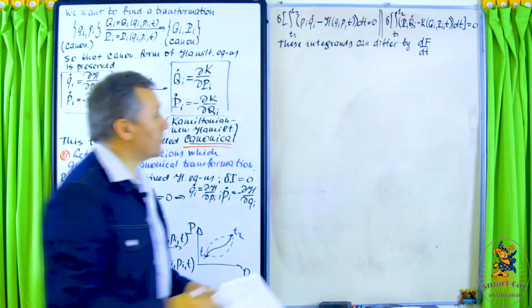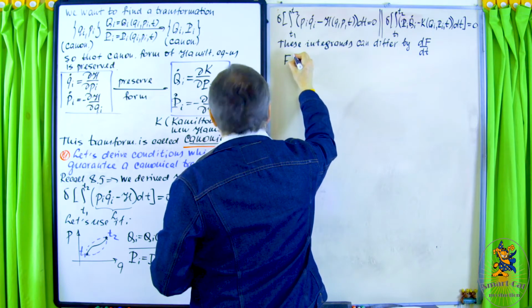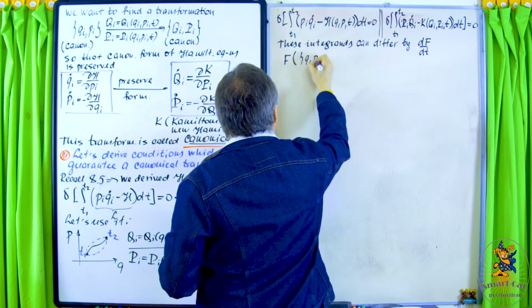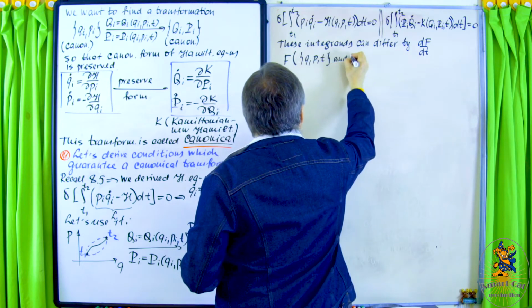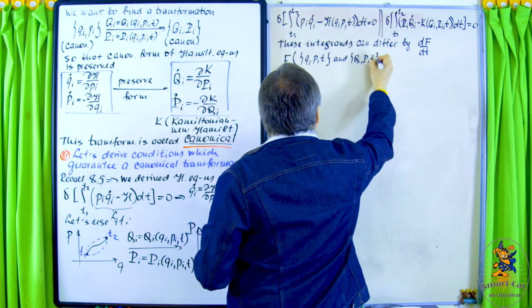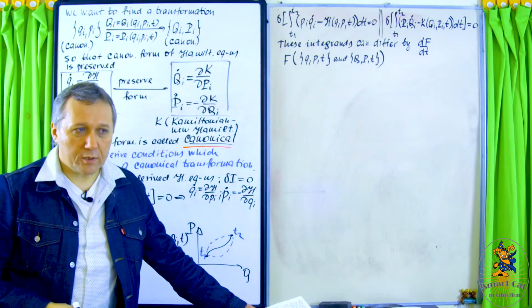Of some function f, and this function f can be a function of q, p, t and Q capital, P capital, T, and this function is called a generating function.